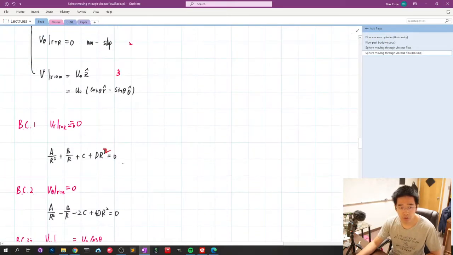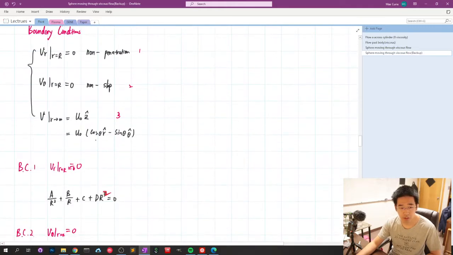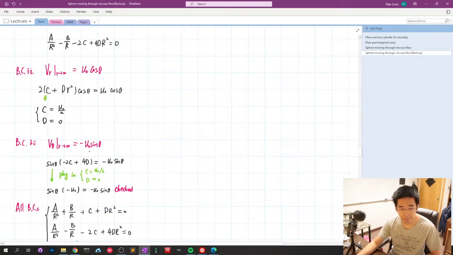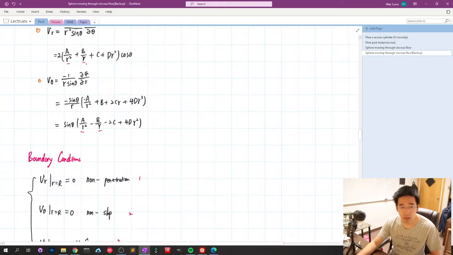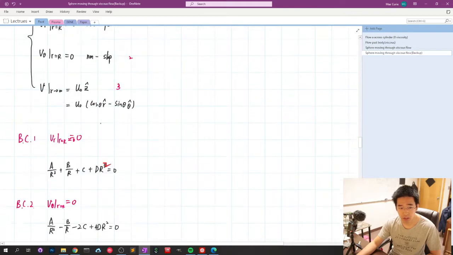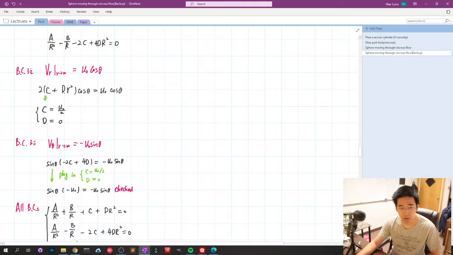And then at infinity, this is 0, this is 0. Same here, this is 0, this is 0. So V_r in the r direction is u_0 cosine theta, and here 2c plus 2d r squared cosine theta.